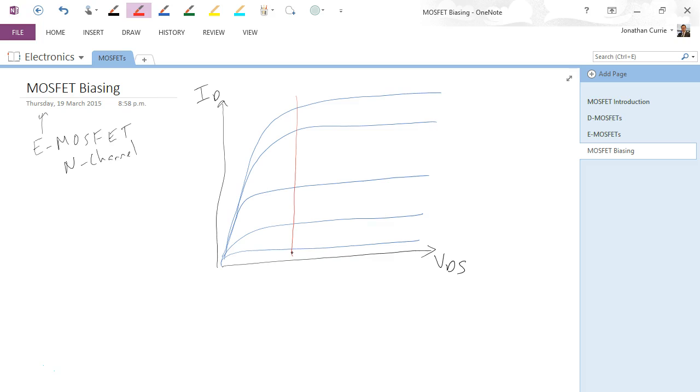There's actually three, which we're going to talk about. But realistically, we have the Ohmic region, which is all of this region here, and we have the active region, which is all of this region through here. Alright, so two regions.